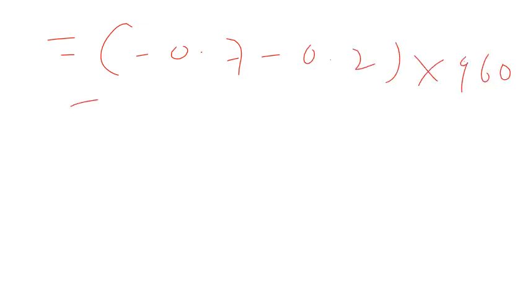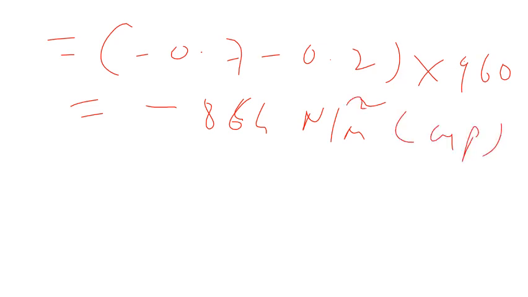If we take the value minus 0.2 for the internal coefficient, this will come to minus 864 Newton per meter square, that is upward again. So this is for the 1/4 length of the building.